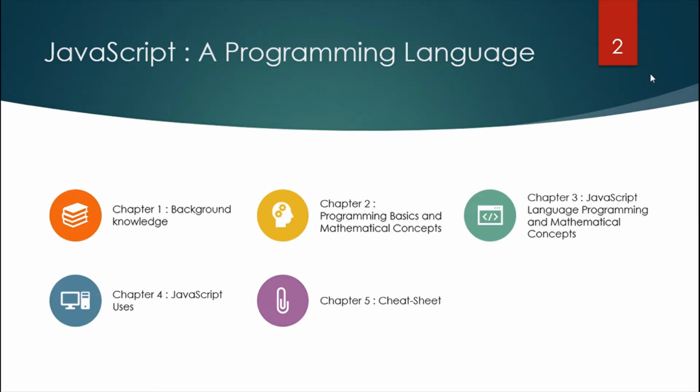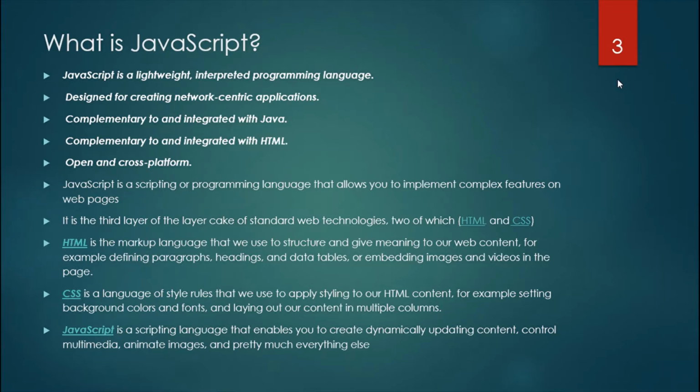That's it. Thank you. So when you come across this slide, this is JavaScript. What is JavaScript? JavaScript is a lightweight interpreted programming language. What is an interpreted programming language? It is nothing but it just tells you do this and that is done. Designed for creating network-centric applications.